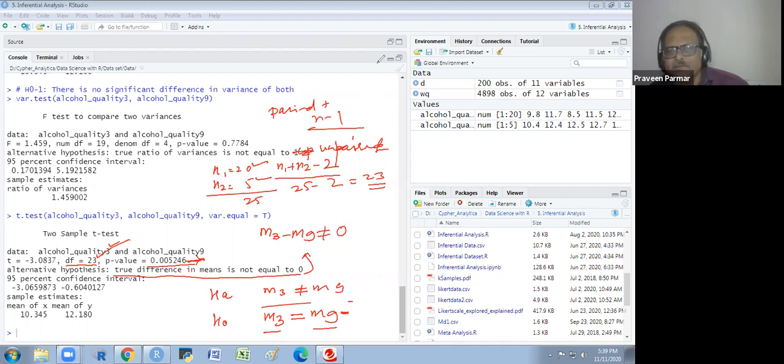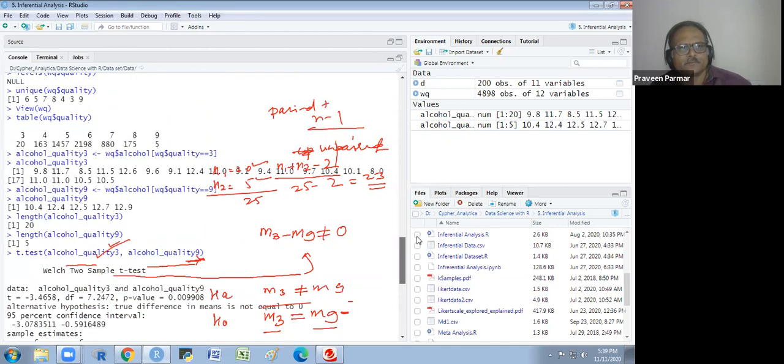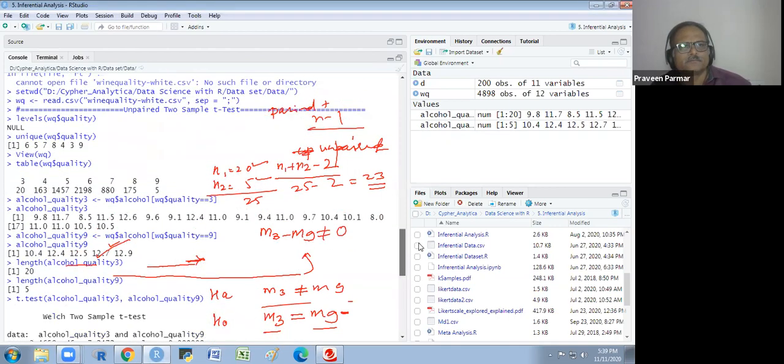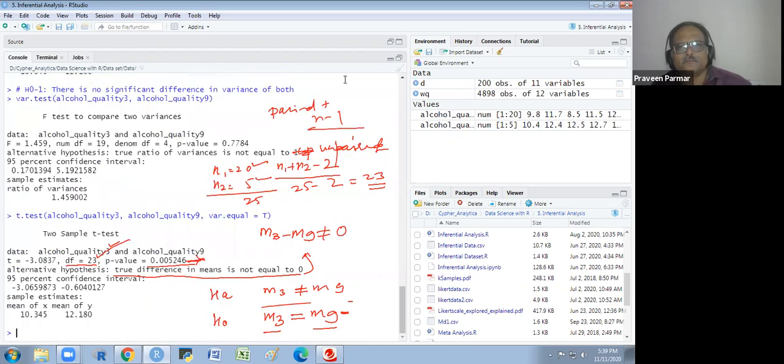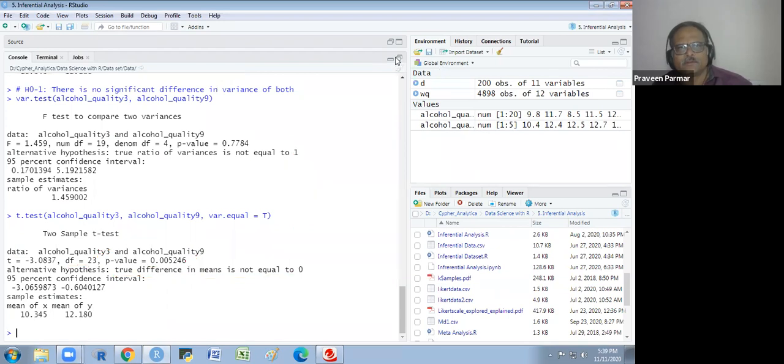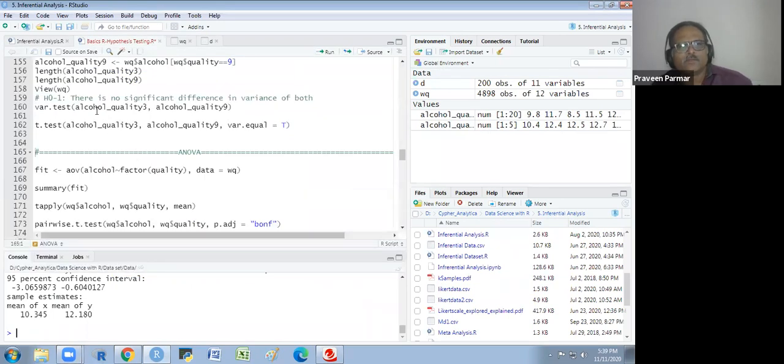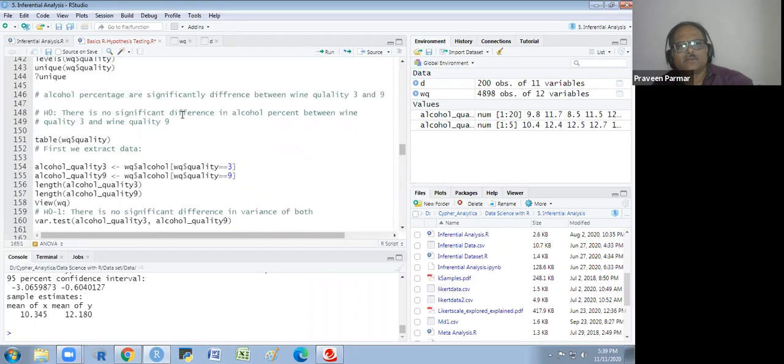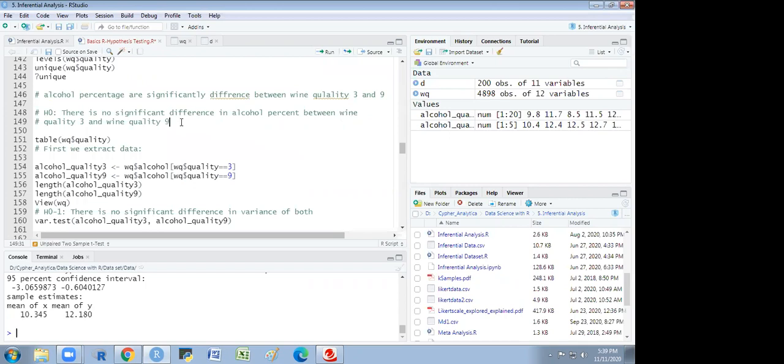The same I have written here. There is no significant difference in alcohol percent between wine quality 3 and wine quality 9. Got it?